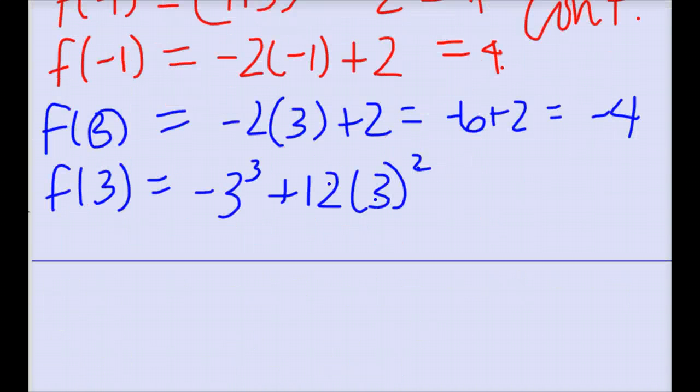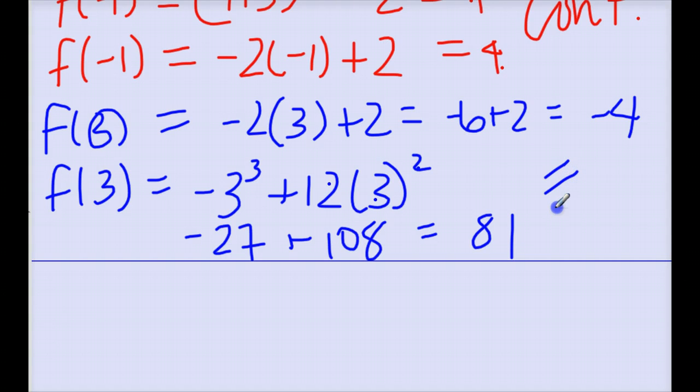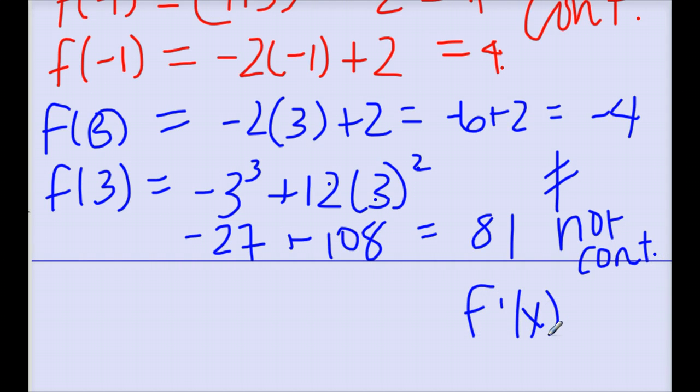So we solve, and we get -27 plus 12 times 9, which is 108. If I subtract these off, I will get 81. If you take a look, these are not equal, which means that this portion is not continuous. If this is not continuous, then f prime of x is undefined there.